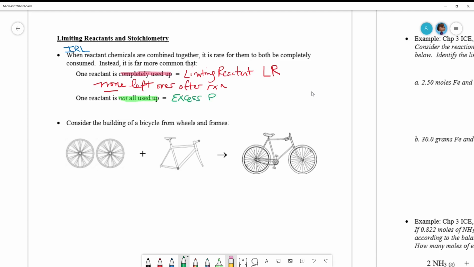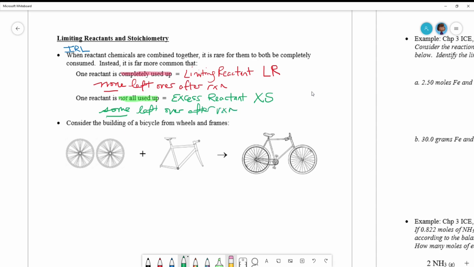Well, this is known as the excess reactant in the reaction, and typically I abbreviate this reactant with the abbreviation excess. Get it? Excess. Now, if this reactant is not all used up, that means after the reaction takes place, there will be some left over after the reaction.